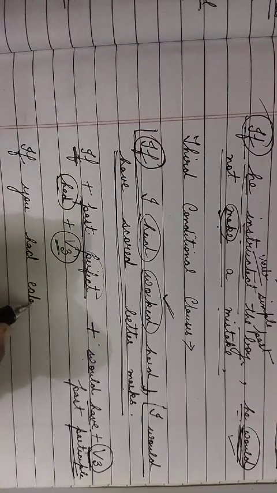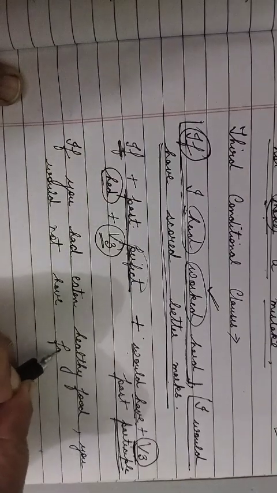If you had eaten healthy food, you would not have fallen ill. Where is the conditional clause? If you had eaten healthy food, it means you did not eat.